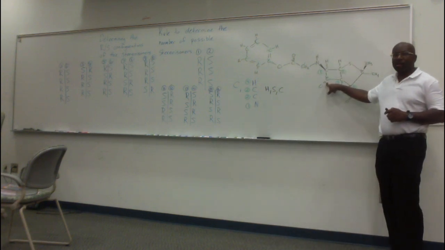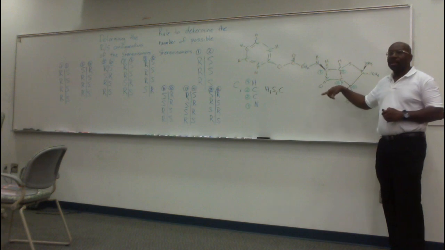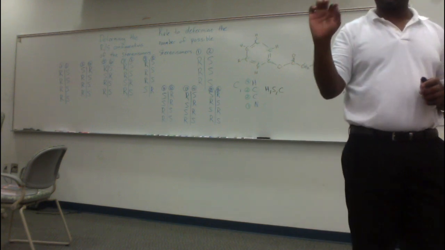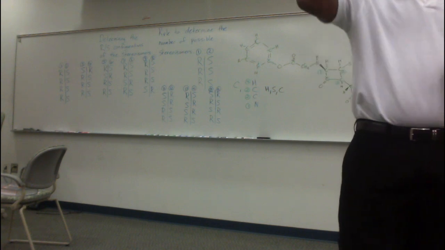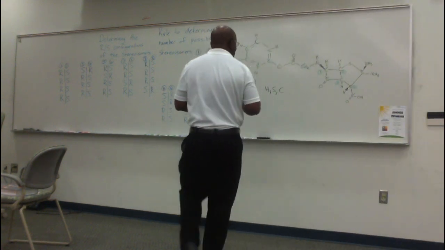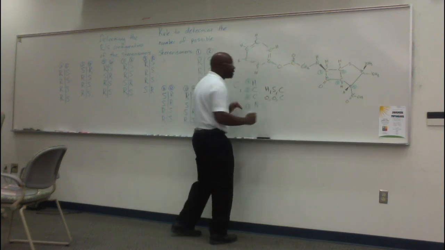What groups are attached to the carbon atom at the bottom? You have an oxygen and you have a carbon. Now, the way we treat a double bonded O, we treat any double bonded atom as if there were 2 single bonded atoms. So we treat the double bonded O as if it was an O, an O, and a C.